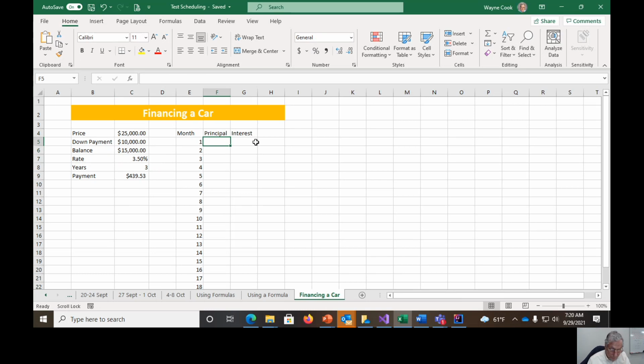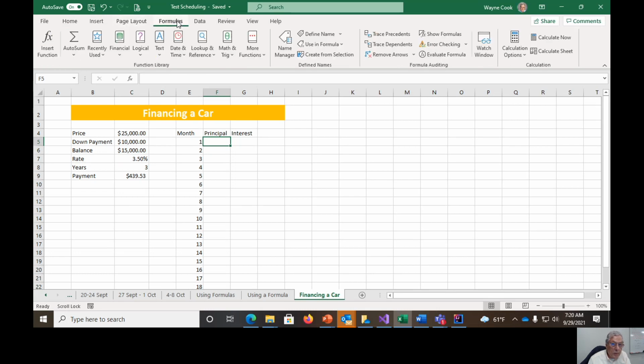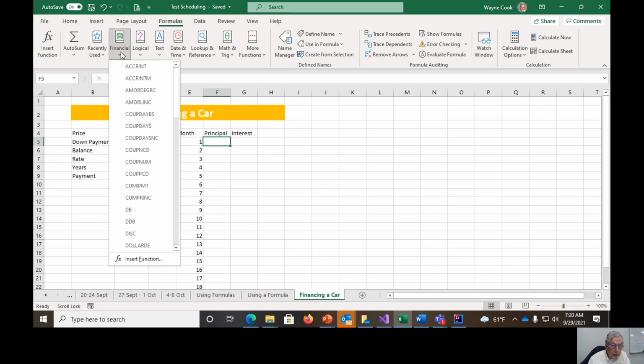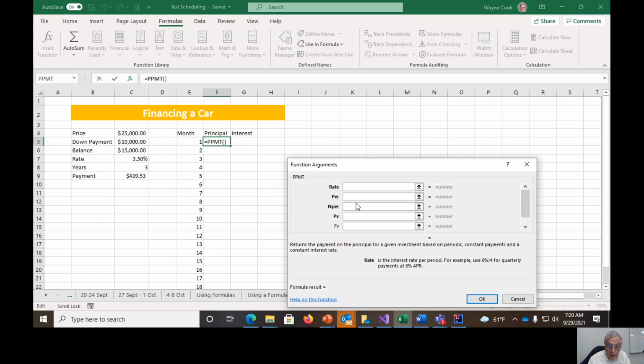Then principal payment is equal to, either I can type it in, or again, I can go to formulas, financial, and go down to, since it's the principal we want, it would be principal payment. And it looks very similar to what we had before.